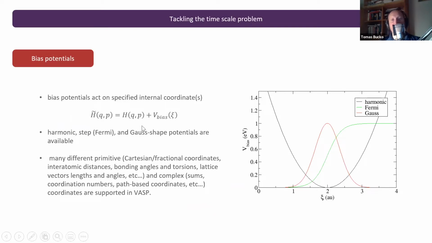Once again, it's the user who defines which internal coordinates one or many the potential acts upon. VASP presently implements 3 types of bias potentials. It's harmonic potential, it's smeared step function, Fermi type function, and it's Gaussian potential.